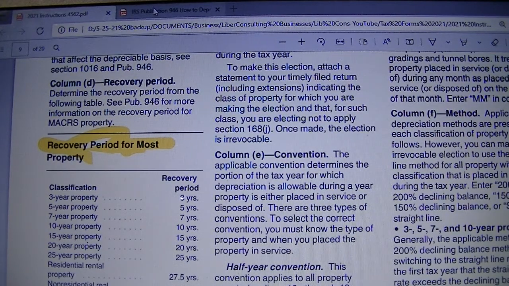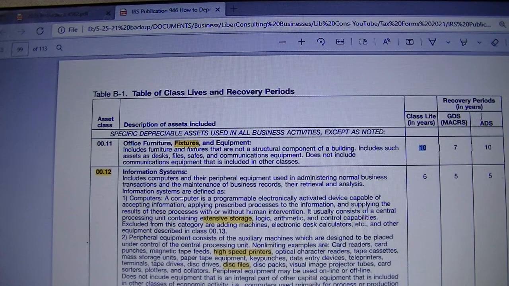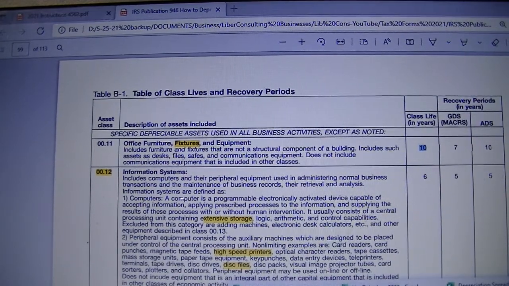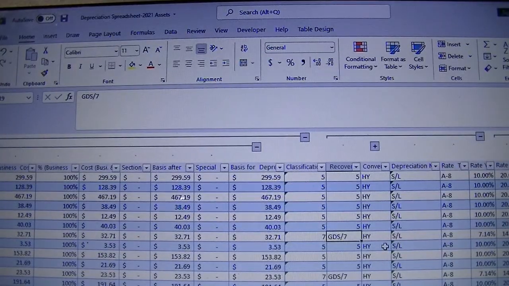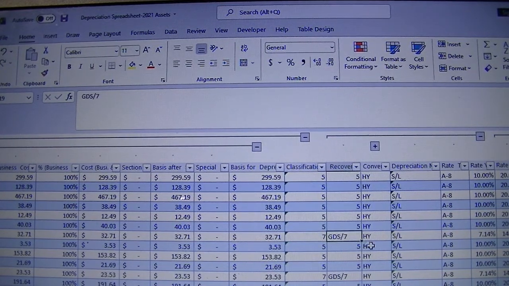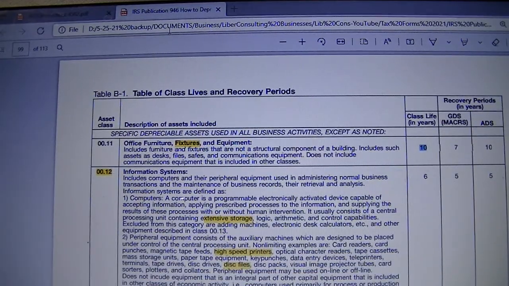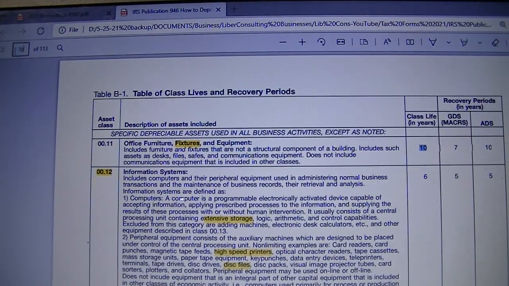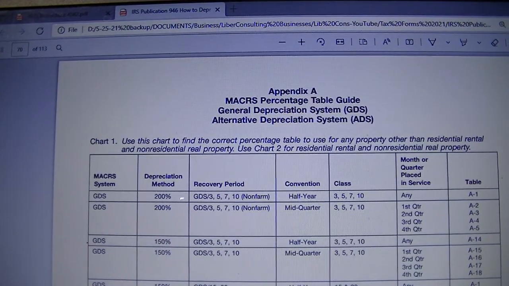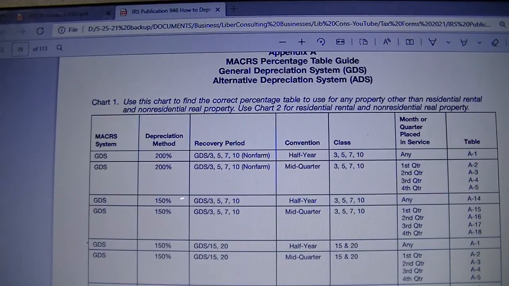And that's pretty much the same thing under GDS they have in table B1 as well. So we will go to our spreadsheet, and that information will be added. So 7 years for property class and the recovery period is GDS 7. With that, we will go back to publication 946, appendix A, chart 1 on page 70, if we are talking about the 2021 instructions.